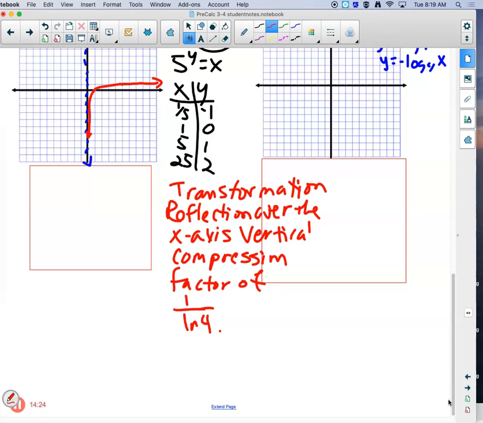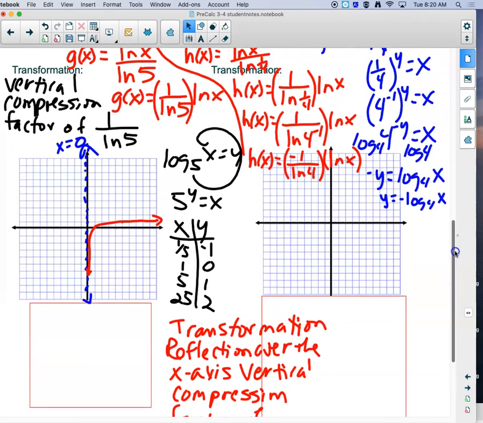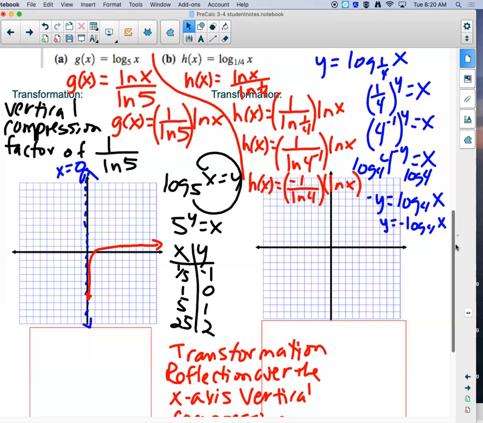So two little pieces here. So with this one, we've got a lot to describe, a lot to figure out about what's going on, because that base was a fraction between 0 and 1. But to graph it, we don't have to do all of that. It's totally up to you how you want to attack this one.